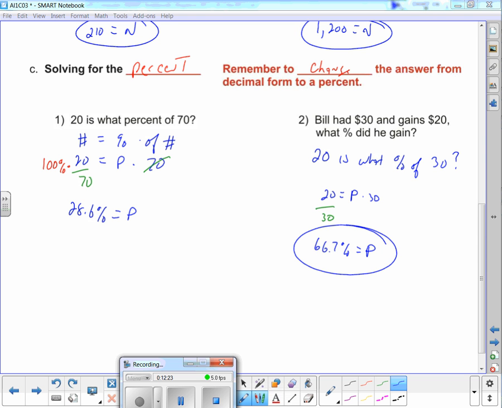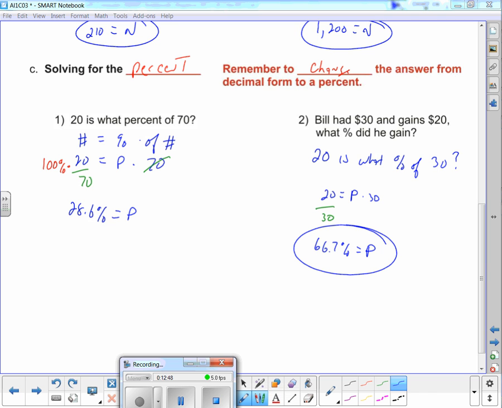So I had 30, I'm at 50. Does that mean I had a 60% increase, or is the 20 in respect to the 30? I'm not so sure I like 66.7%, but I'm not so sure I like 60% either.